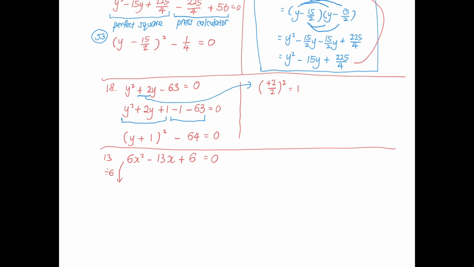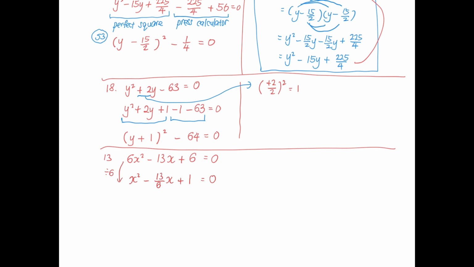But for this case, since you have equal to 0, the easiest way is divide by 6 throughout the equation. So this divide by 6, you get x squared. This divide by 6, you get 13 over 6. This divide by 6, you get 1. And this divide by 6, you get 0. So we get something like this.